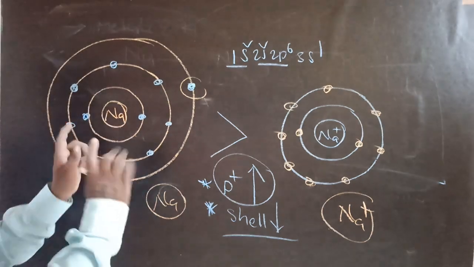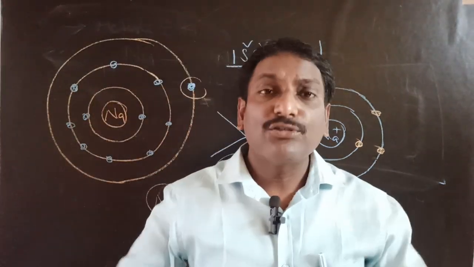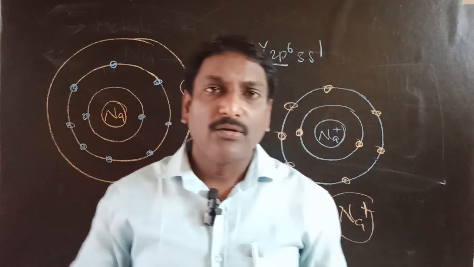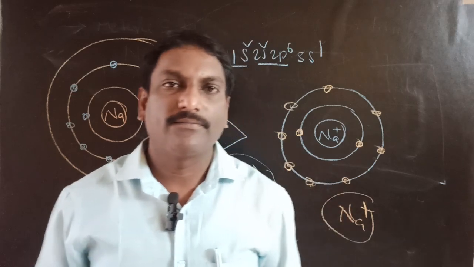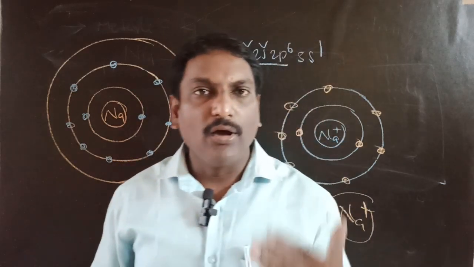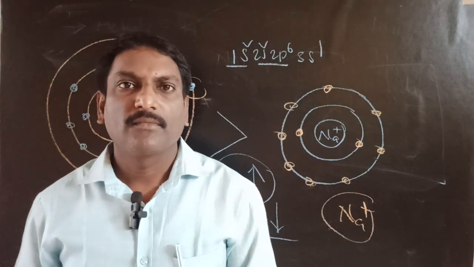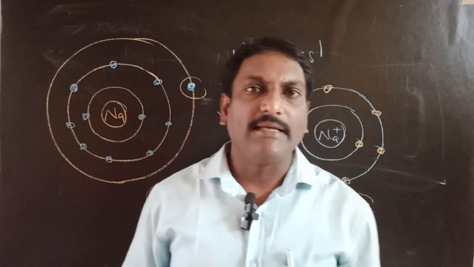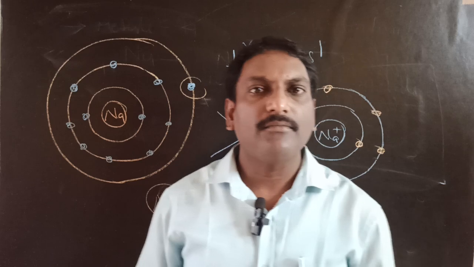So, 5 or 6 points I said regarding cations. Let us recall one by one. Cation means positively charged ion. Generally, cations are formed by the loss of an electron or electrons by the element. So the cation size is smaller than that of its parent atom.